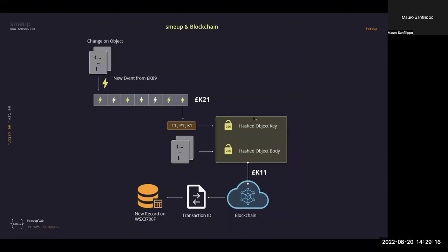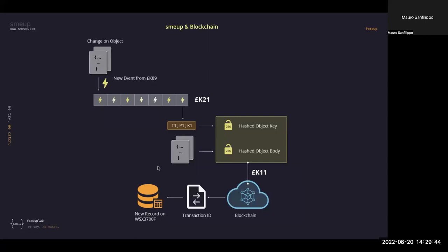So in our installation, we used what you will see in a few minutes with this architecture. Every time an object changes, we have an event stream. It's called K21, which is the internal name of SMAP.